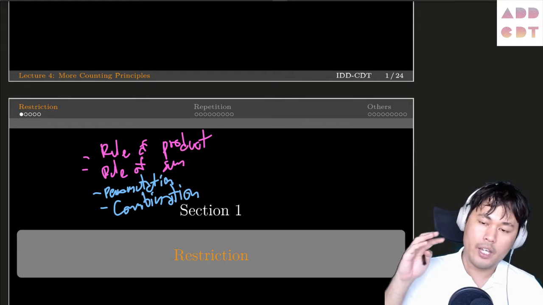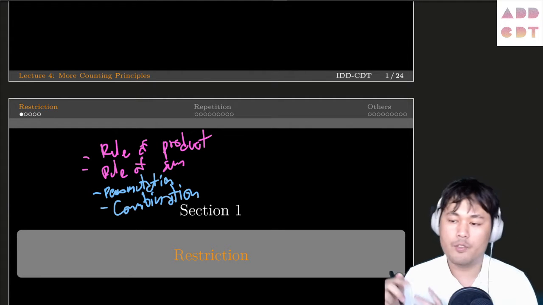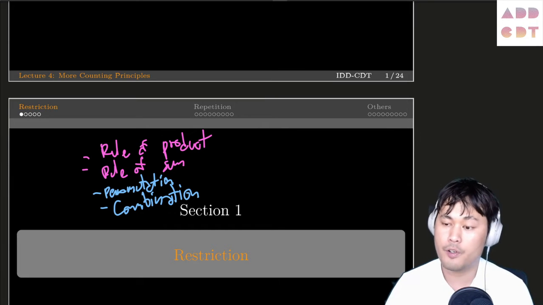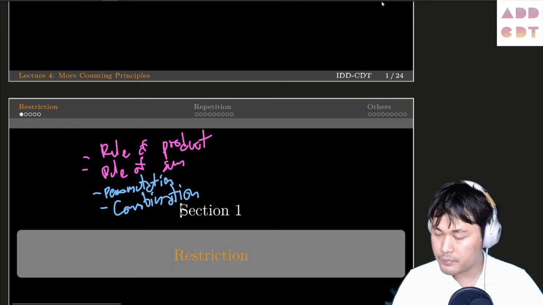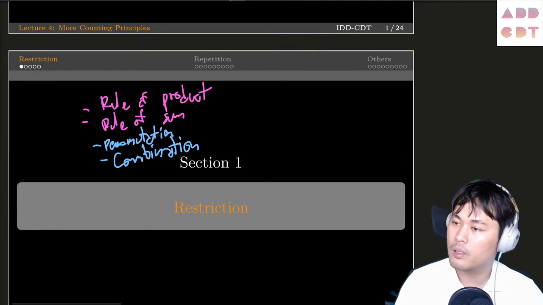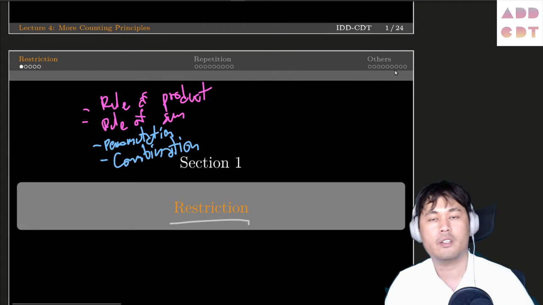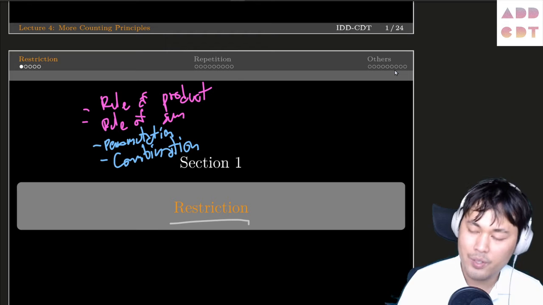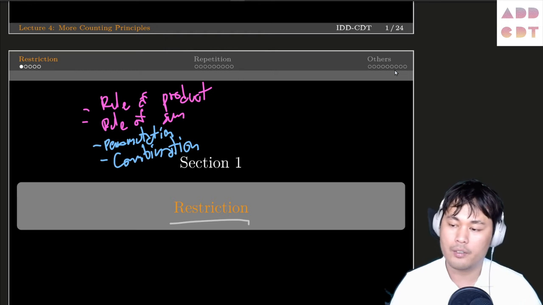So this week we are going to expand on that to see if we can solve other types of problems using these four basic principles. First of all, we have what we call the restriction, requirement, or conditions, some kind of extra requirement that you need in your counting.